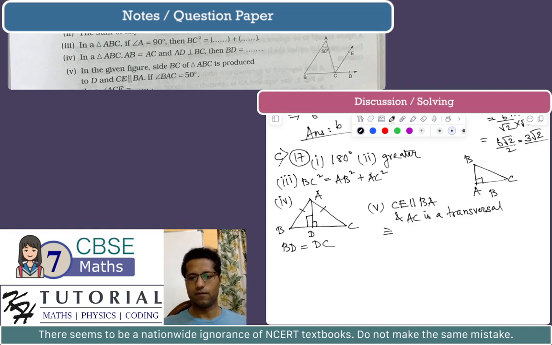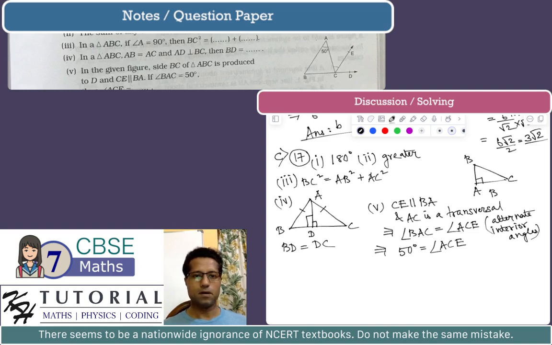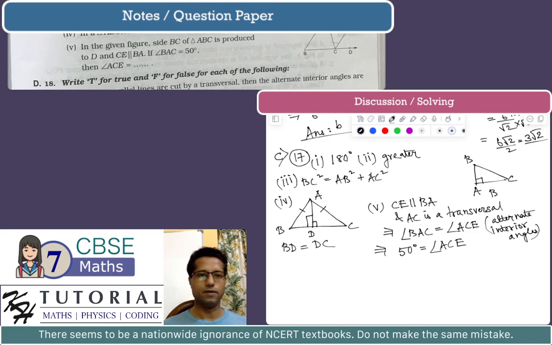So we will have alternate interior angles to be equal. That is, angle BAC will be equal to angle ACE. Why? These are alternate interior angles. So angle BAC is given to be 50 degree, which is equal to angle ACE, and we have to find angle ACE. So ACE is equal to 50 degree.